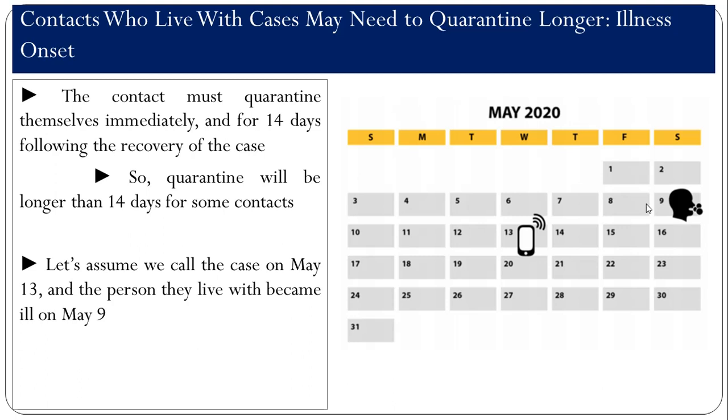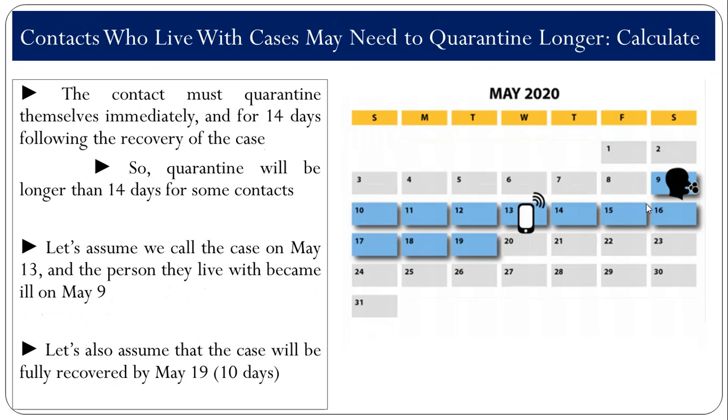Let us assume the same scenario, we call the contact on the 13th May, and it is the same case, but they live with the case this time. So, the person that they live with became ill on 9th May. So, this is the case we talked about before.